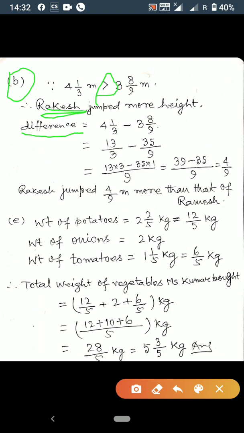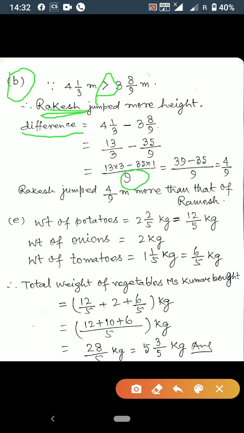Convert into improper fractions. 4 whole 1 by 3 can be written as 13 by 3 minus 3 whole 8 by 9 can be written as 35 by 9. First of all, find the LCM of the denominators 3 and 9. You will get 9.